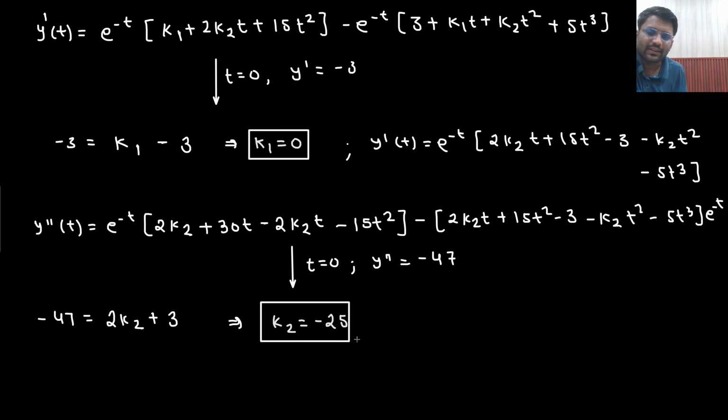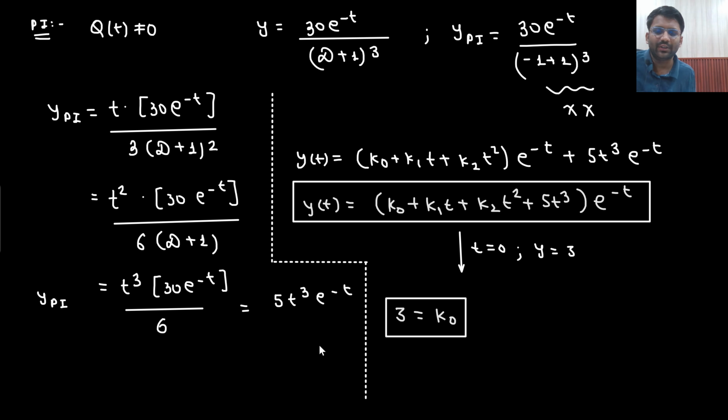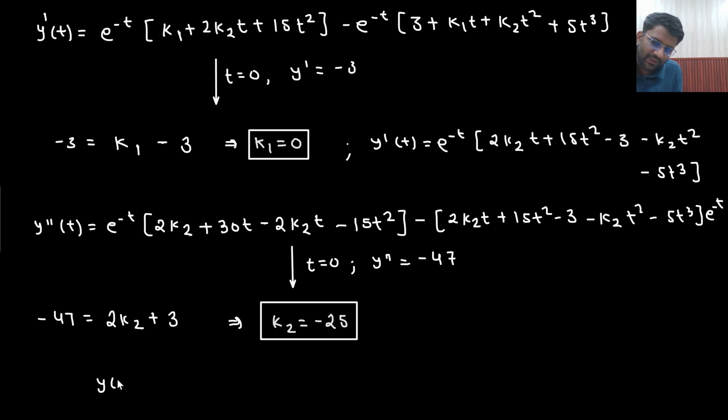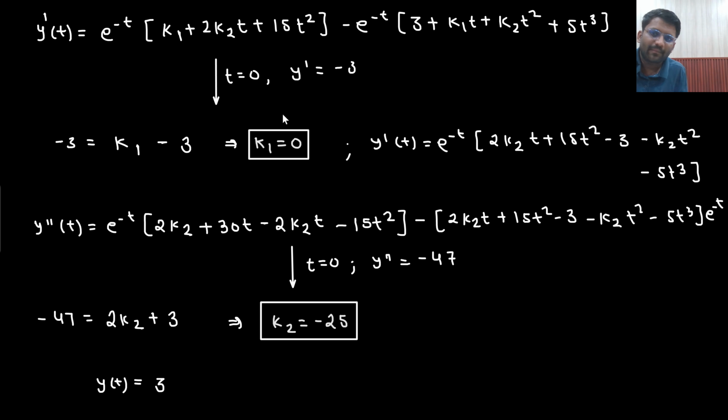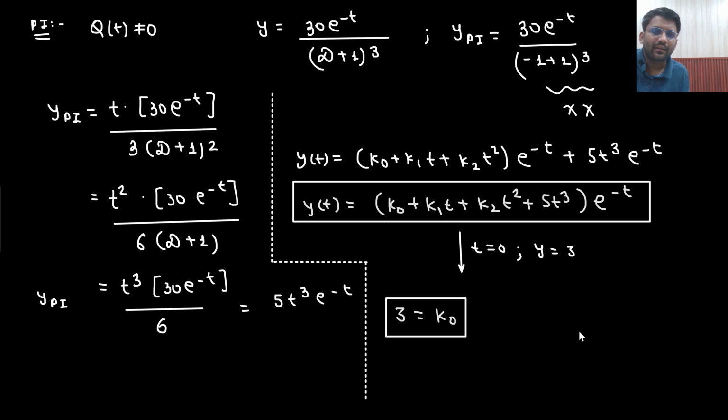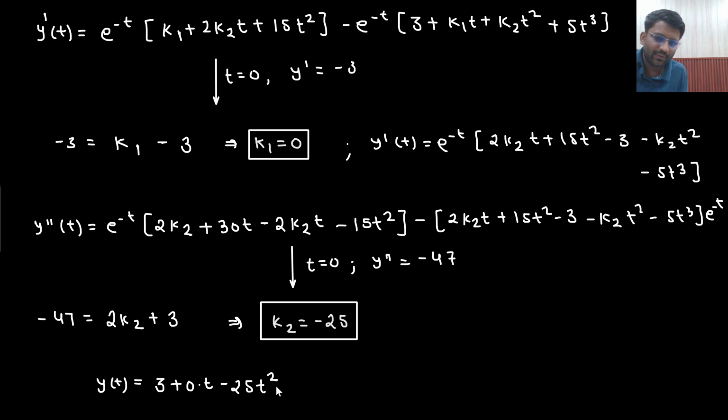There you go. These are the values you are getting. So k2 value is coming out to be minus 25, k1 value is coming out to be 0, and k0 value is coming out to be 3. So from here, what is the value of yt you are getting? Value of k0 is 3, plus k1 is 0 into t, k2 is minus 25 into t square, and here I already know it is 5t cube, multiplied with e to the power minus t.